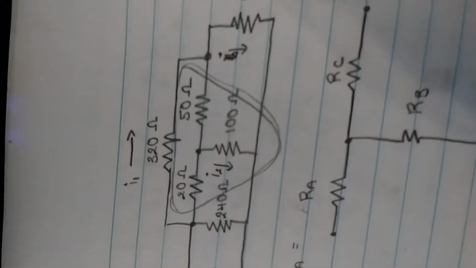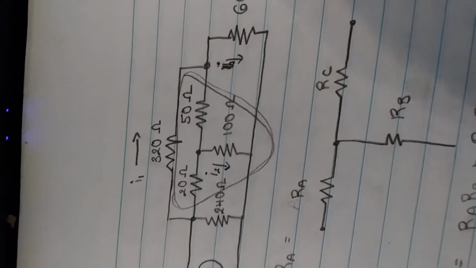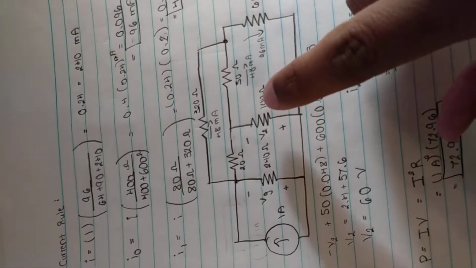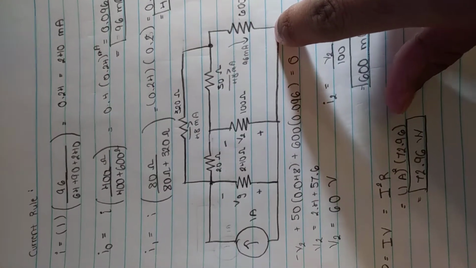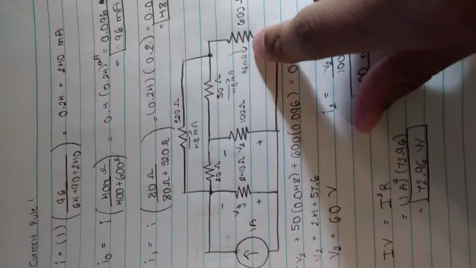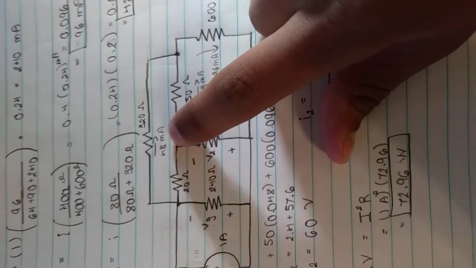So for I2, the current through the 100 ohm resistor, that actually gets a little not as easy. You have to use mesh current analysis. For that, we know that the voltage from here to here equals V2. So this resistor combined with this resistor, the voltage across these two equals V2, which is right there.